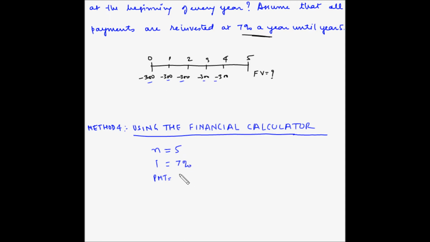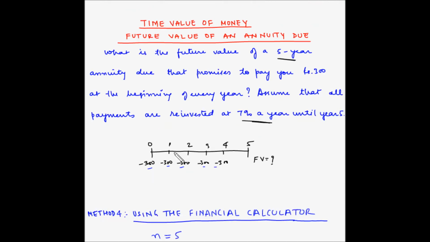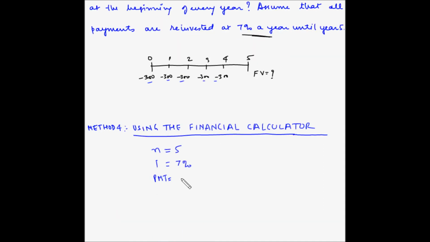Now for entering these values of payments, we have to consider the sign very carefully. In this case, since all these 300 rupee installments are going to be reinvested, that means they are going out of our pocket, I will consider them as negative values. So minus 300.